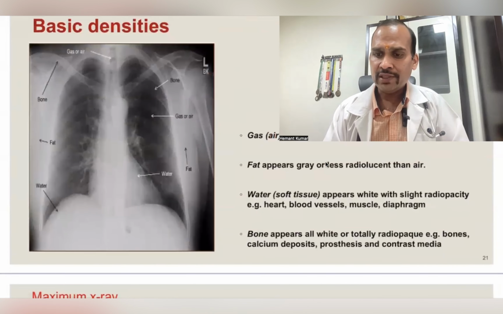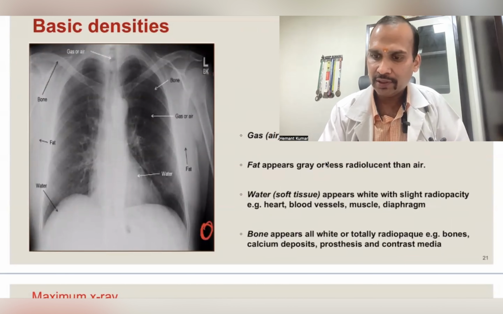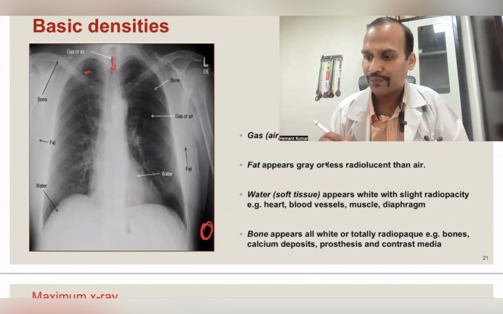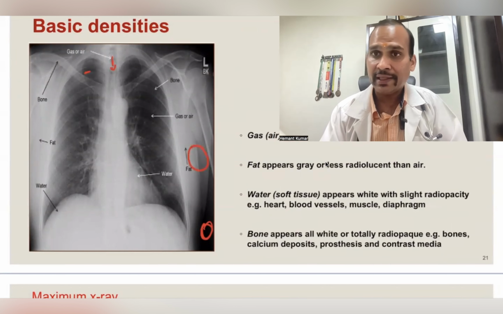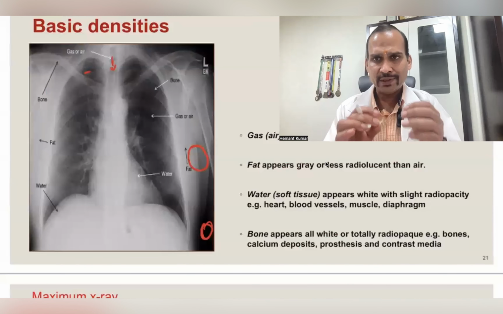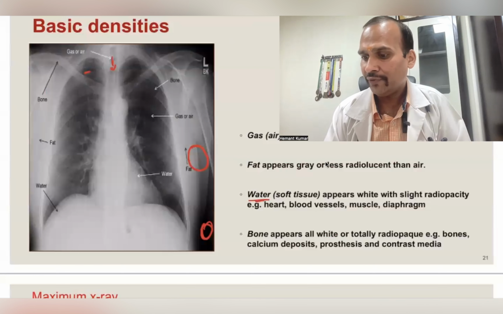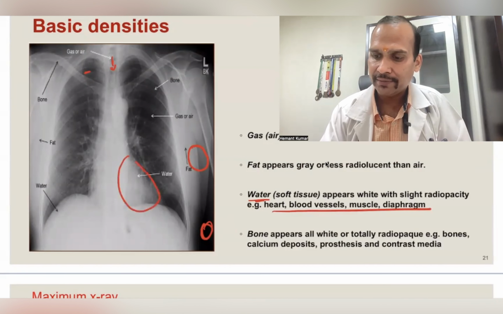If you see normal structures in an x-ray, we can see white or black. Air is black. You can see air inside the trachea. Fat will look grayish white, meaning it is white but slightly blackish. Water will look white.